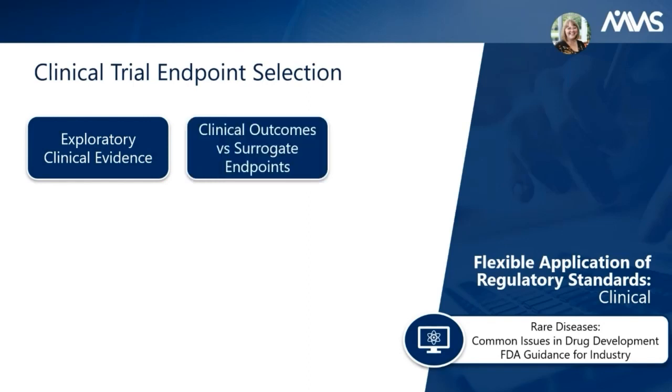If we advance the slide, we'll see that the second consideration is a clinical outcome versus a surrogate endpoint. So typically, clinical outcomes are required for a traditional or full approval. However, use of a surrogate endpoint may allow for accelerated approval, which would typically require a confirmatory study for traditional full approval.